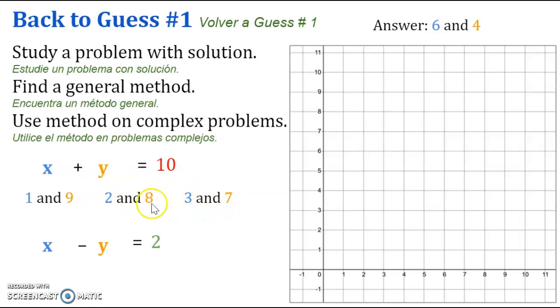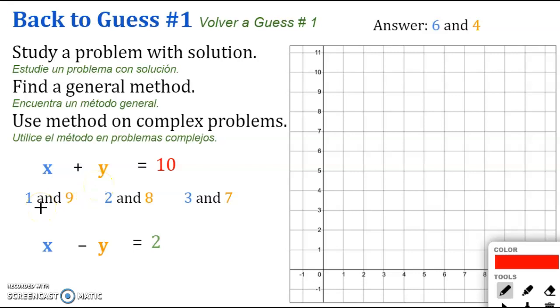Okay, so graphically, what I can do is, x is 1 and y is 9. I can put this into coordinates and say this is (1, 9), where the first number represents the x value and the second number represents the y value. So it's going to be right there.